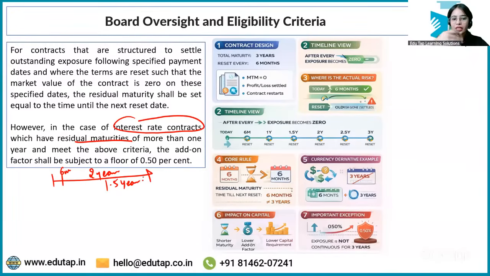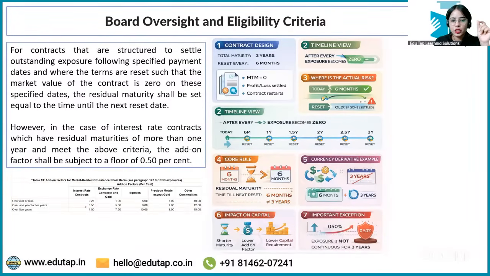So even though after every 6 months the settlement will happen, it has been clearly said that for interest rate contracts, if the residual maturity is more than 1 year and meets the above criteria of the structured settlement, the add-on factor cannot be less than 0.50%. So for interest rate contracts, there is a special norm that even though the settlement is happening every 6 months, if the residual maturity is more than 1 year, then the add-on factor cannot be less than 0.50.